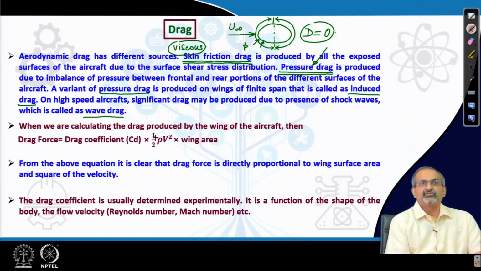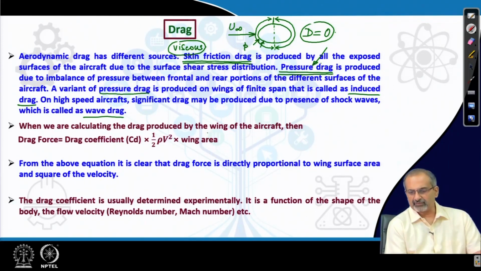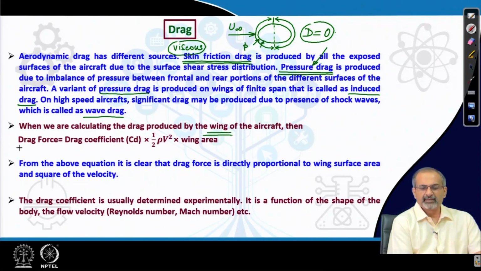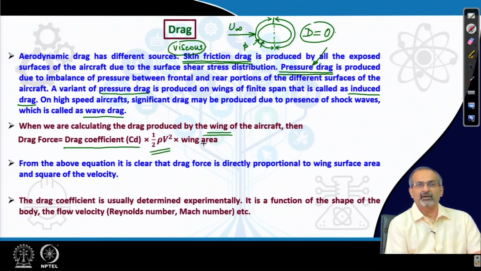When we are calculating drag produced by the wing of an aircraft, how would we express the drag force? We will say that it has a drag coefficient which can be multiplied by the dynamic pressure, half rho v square, times the wing area in order to give us the drag force, which basically means that the drag force is proportional to the wing surface area and the square of the velocity.